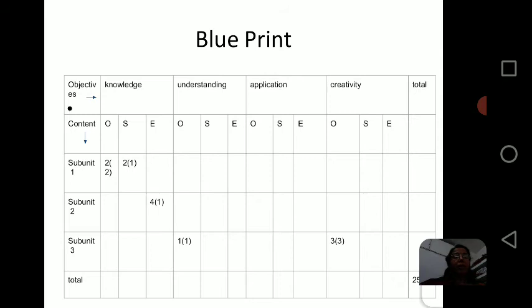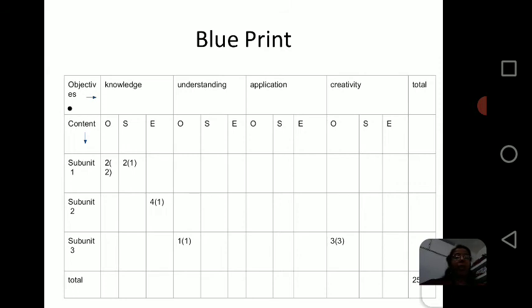And like this, the entries in each box have 3 dimensions: objective, content, and form of questions. Like this, according to the design, you can fill the needed boxes, not all.